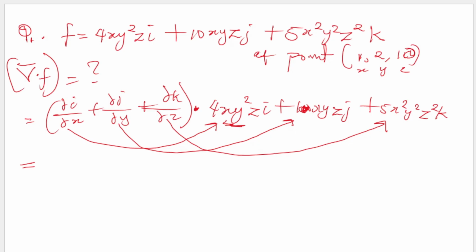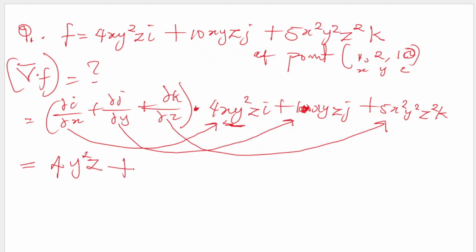If you differentiate 4x, you have a constant of 4, and that gives 4 here. The other parameters multiplied with x are y² and z, so you have 4y²z. Remember, i dot i gives 1, so there's no need of putting it.